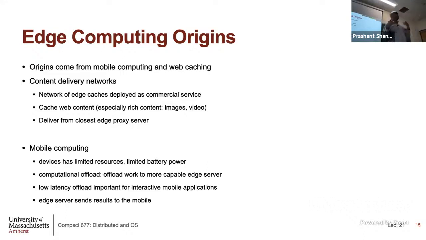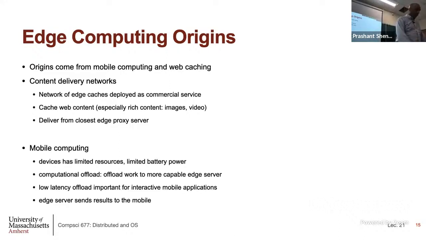So you can always find lower end devices that can benefit from computational offload as an approach to using more resources or saving energy for battery life. So this area also gave rise to edge computing. Between these two areas, edge computing eventually became more of a commercial offering, but these were the reasons why this field came about.